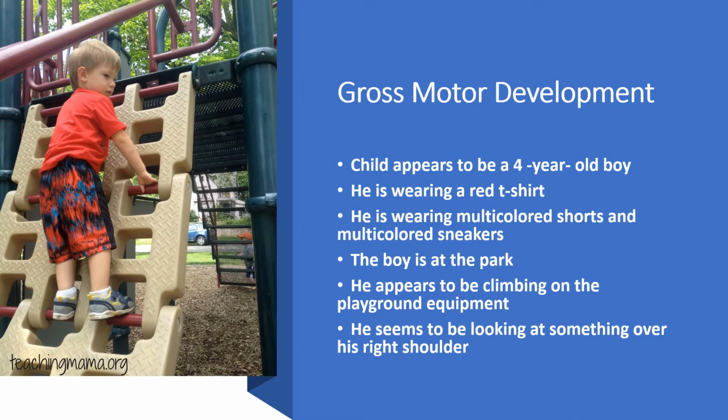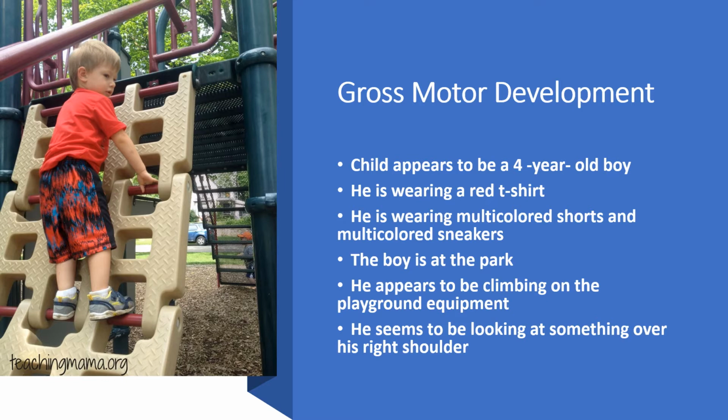Gross motor development. The child in the picture appears to be about 4 years old. He is a boy and he seems to be wearing a red t-shirt with multicolored shorts and multicolored sneakers. The boy, as you can see, is at the park, and he is climbing up the stairs of the playground equipment.